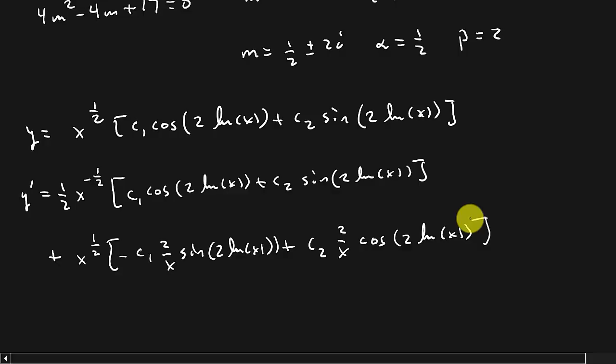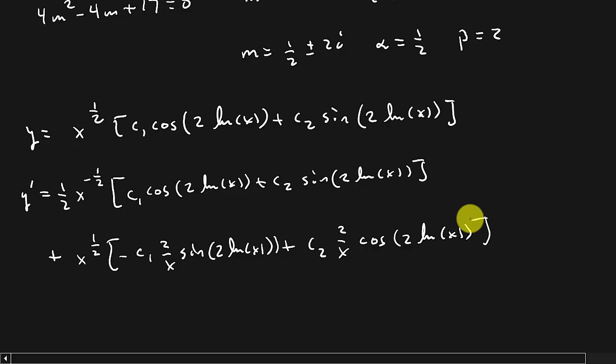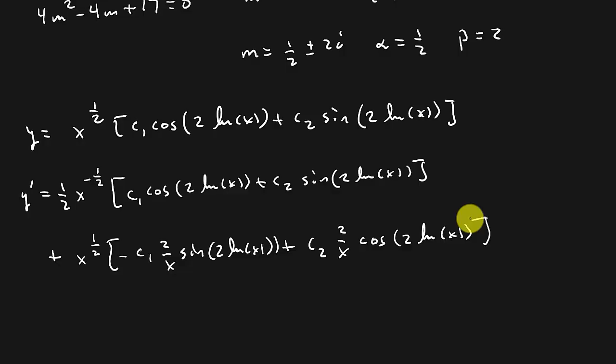Okay, so as far as that first derivative goes, could you simplify it some? Maybe, I don't know, but we don't really need to, because all we're doing is plugging 1 in for x. So I'm not even going to worry about simplifying it.